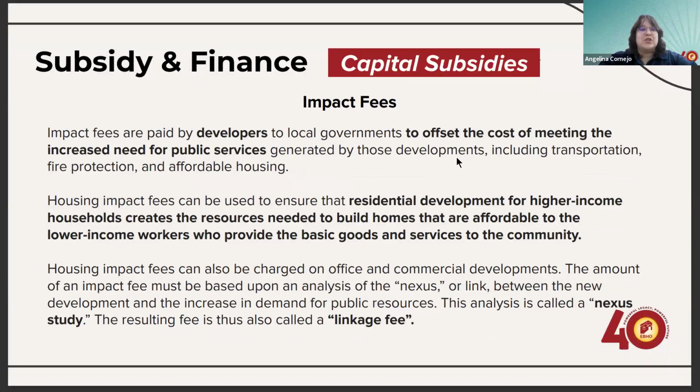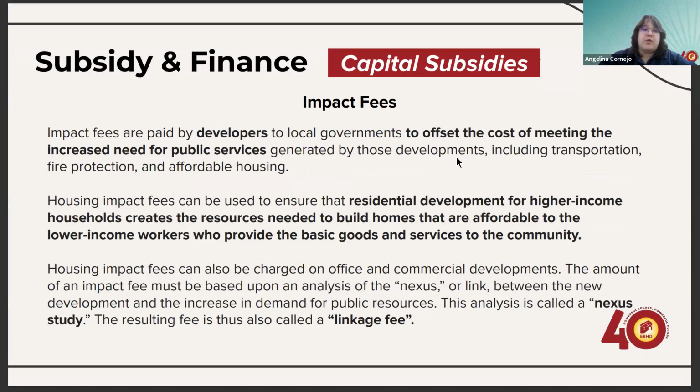Impact fees. Impact fees are paid by developers to local governments to offset the cost of meeting the increased needs for public service. Basically, they are used to ensure that residential developments for higher income households create the resources needed to build homes that are affordable to lower income workers who provide the basic services and goods to communities.